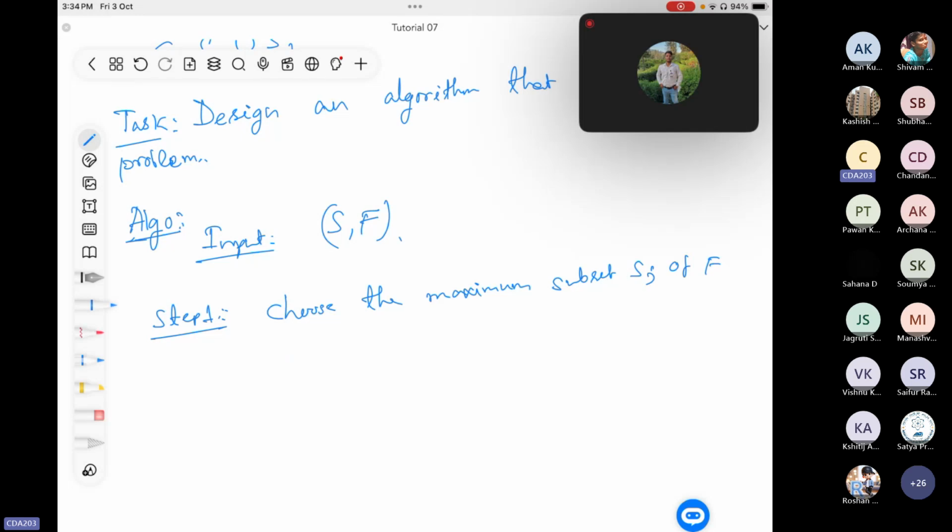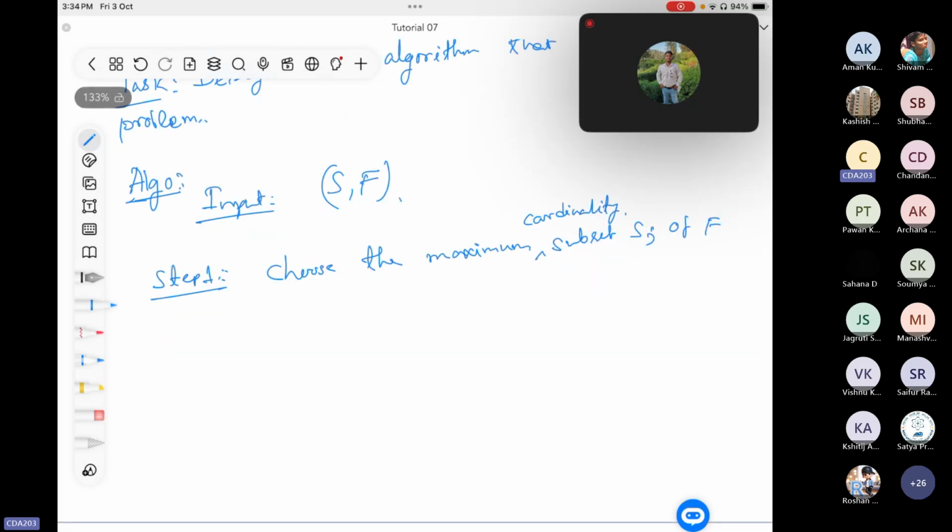Okay. So maximum subset, maximum cardinality. I will describe the algorithm through an example also. Let's first think about the steps.